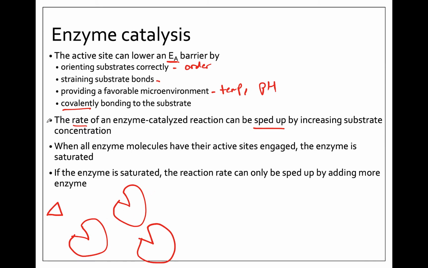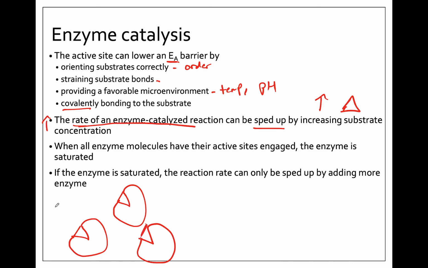If I want to increase the rate of the reaction, I can increase the substrate, so increase the number of triangles. So if I increase the number of triangles from 1 to 3, now I can do 3 at a time. So I went from doing 1 at a time to 3 at a time, and that's going to increase the rate of reaction. So let's imagine now my 3 triangles are in the active sites.